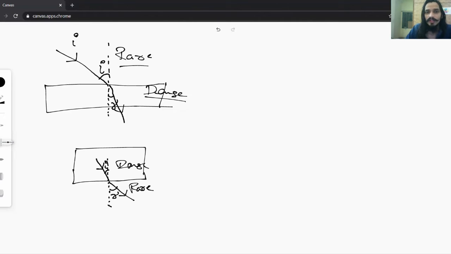So what are these values and how are they related? If you recall, we have also looked at something called refractive index, right? We've seen absolute refractive index and we have seen relative refractive index. So for refractive index, we denote it by the alphabet N, right?